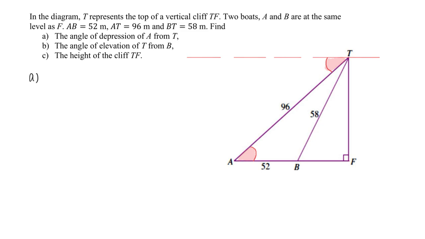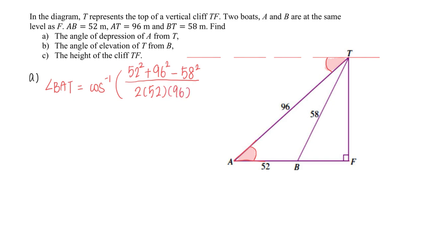So my angle BAT is therefore the cosine inverse of, always start with the angle that makes the angle, so it's 52 square plus 96 square minus 58 square, and the whole thing divided by 2 times 52 and 96. I'm applying the cosine rule, okay?